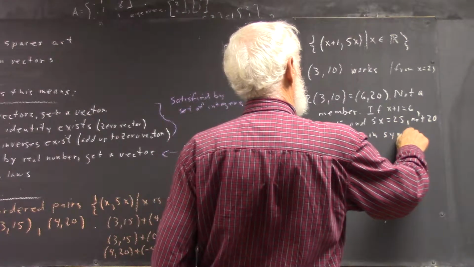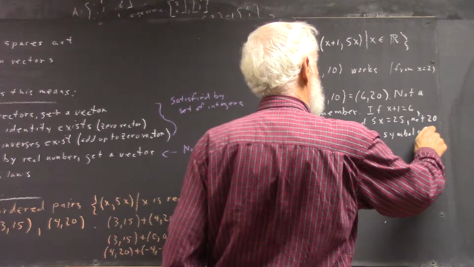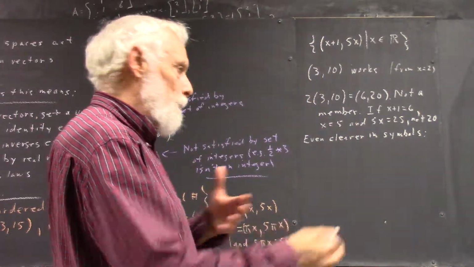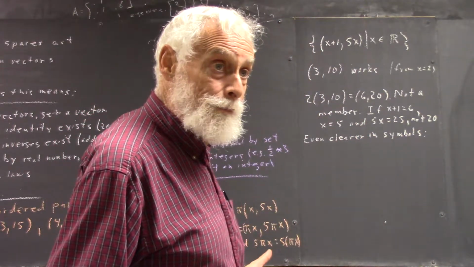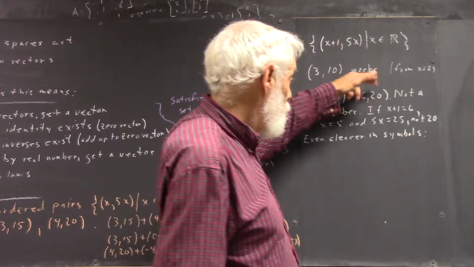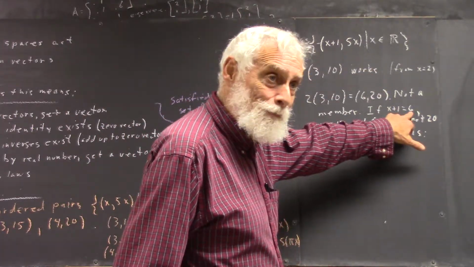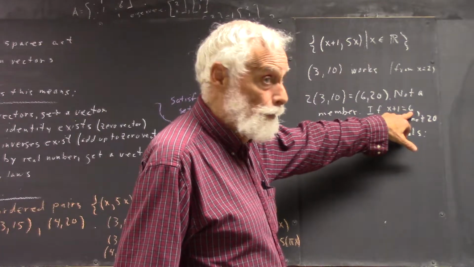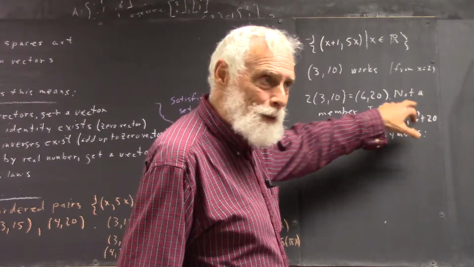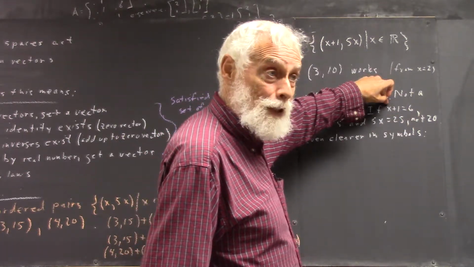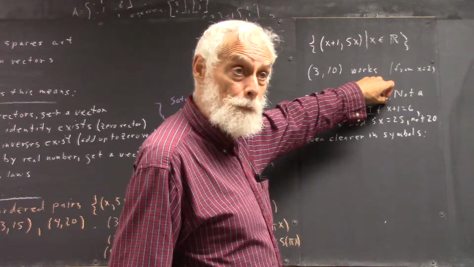And sometimes symbols are much easier to work with than numbers because the numbers can hide what you're trying to see. Okay, now here you can prove it, but you've got to do a little algebra, right? Now, solving x plus 1 equals 6 for x isn't a big deal, but you've got to see to do that, and it's not something that'll immediately occur to anybody.